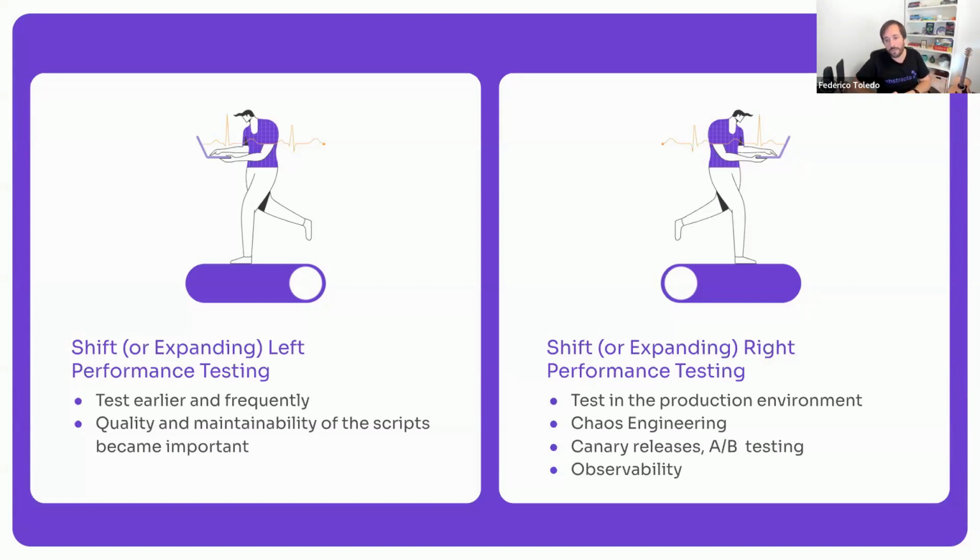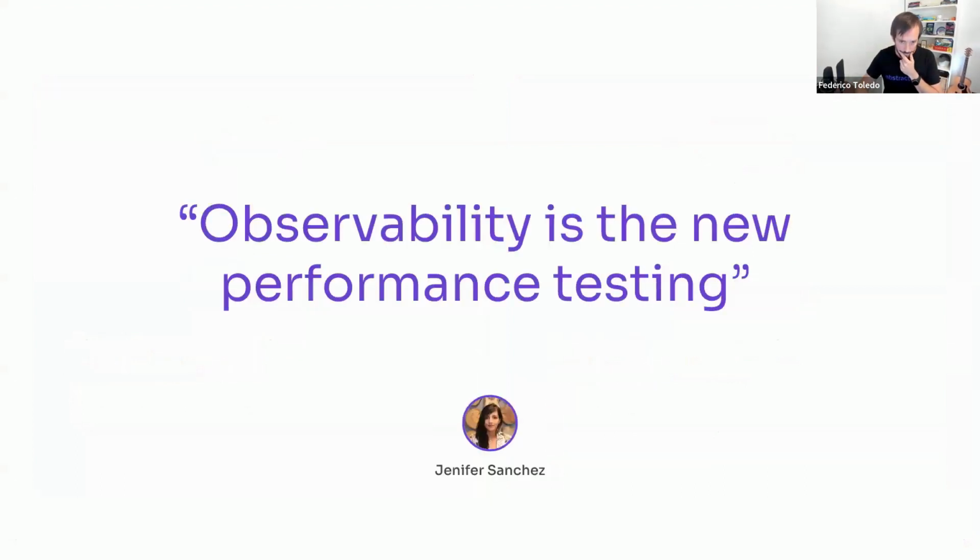And for shifting to the right, there are different strategies like chaos engineering, canary releases, and many other things. But the one I wanted to highlight is observability. Jennifer Sanchez, one of the people that we are collaborating with in organizing the Whopper this year in Colombia, said this thing at the Whopper last year.